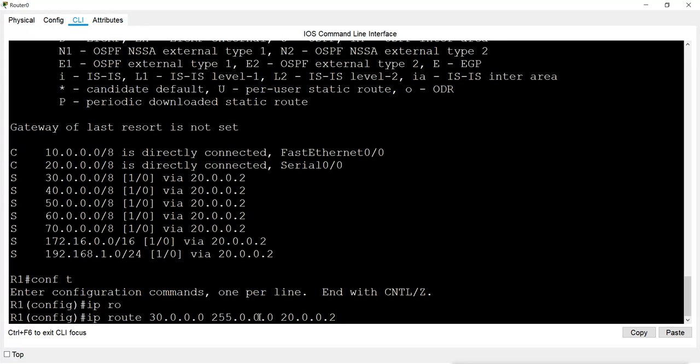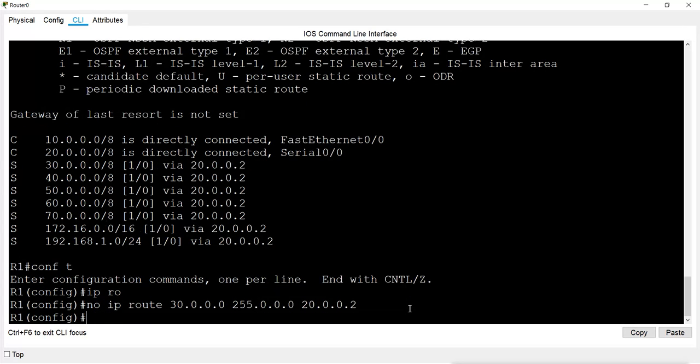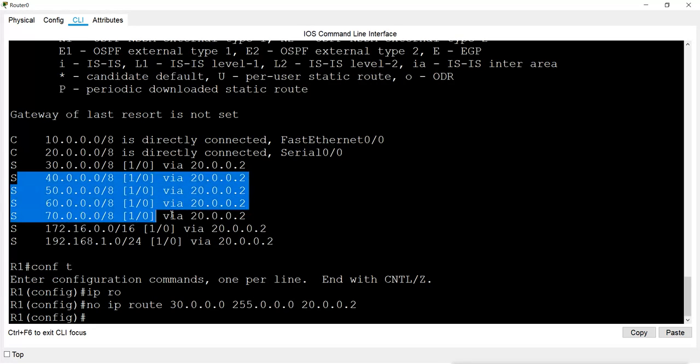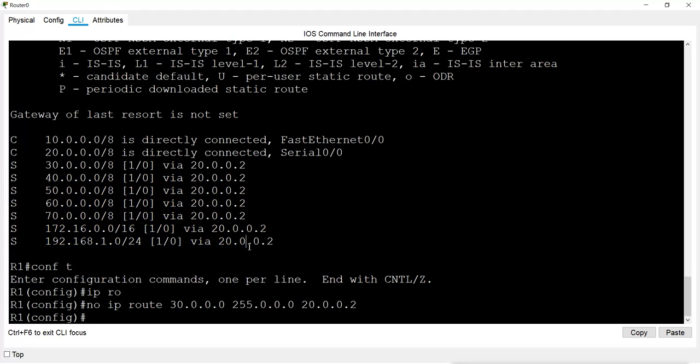At the beginning of the command I mention no, and then enter. Now that route is removed. In the same way, you have to remove all the routes which you have configured, one by one.